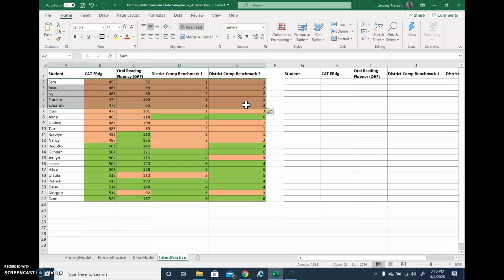Now, as I look at these 5, I notice a lot of similarities, but there's one thing that stands out to me, and that's Frankie's oral reading fluency score. It's significantly higher than the other students in that first batch of kids, and I think Frankie may be a better fit with some of these students down here that will begin forming group 2.